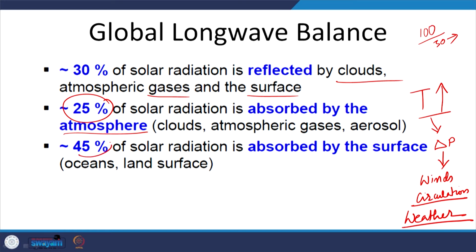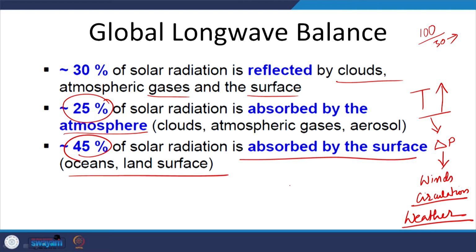Now, the remaining 45% of solar radiation is absorbed by the surface: the oceans and the land surface, ocean cover, ice cover, whatever it is. What I really want to emphasize here is that of the radiation incident on the top of the atmosphere, 30% is lost then and there itself. 25% of the solar radiation heats up the atmosphere.